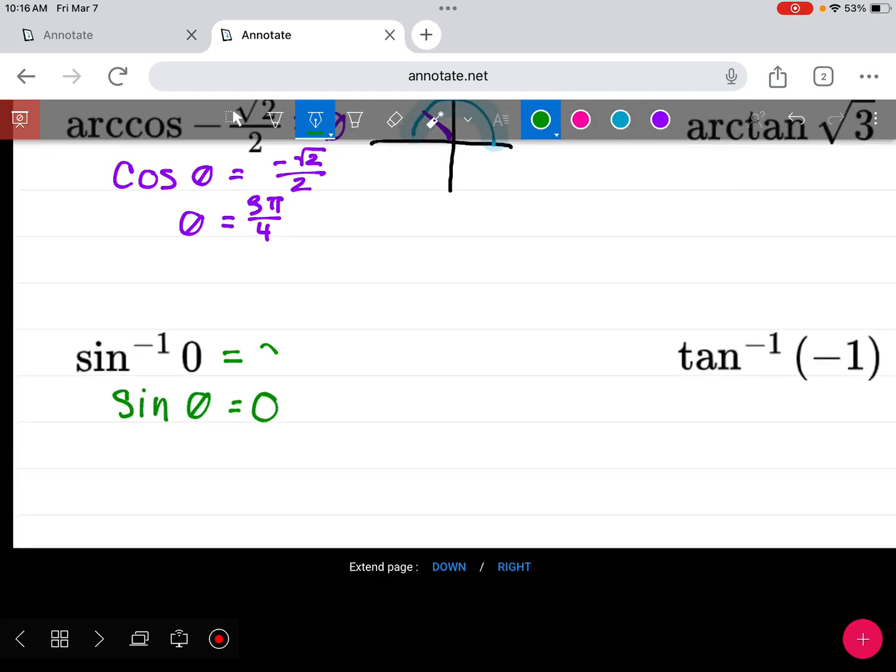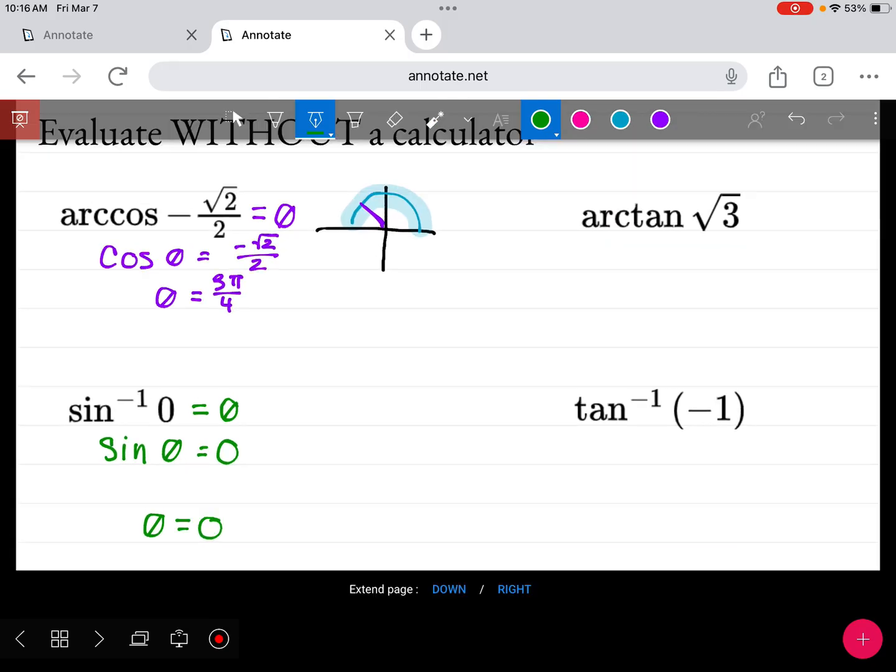So inverse of sine is going to equal whatever that angle is. So sine of that angle is 0. So what angle has a sine of 0? 0. That's in my domain because we need to be between our negative pi over 2 and our pi over 2. So we're good to go.